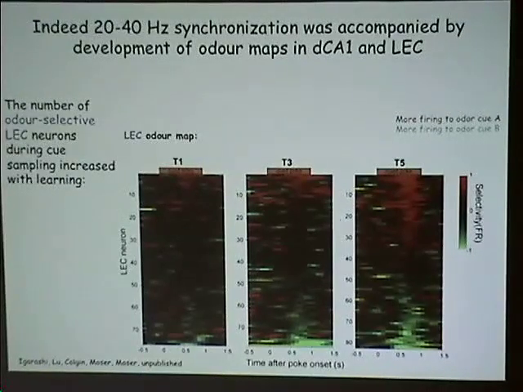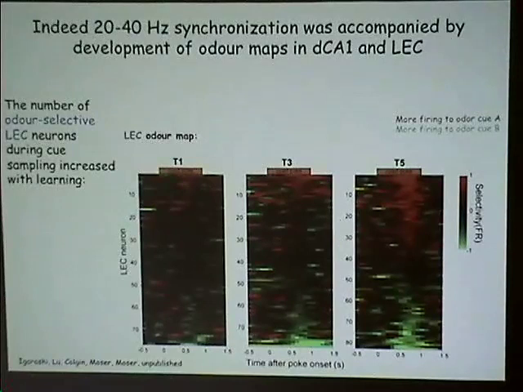I was just wondering if cells became more odor selective in CA1, if a cell was selective to odor A, was it also selective to the appropriate places? Yeah. In addition to this, they are all place cells. That's important to say, because outside the odor port, they have spatial preferences just like any other CA1 cell.